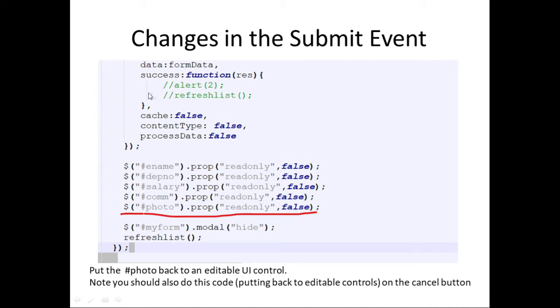So every time you submit, we have to place it as false. And note, you should also do this code in putting back editable controls on the cancel button. Let's say, for example, you have the modal form, and we have there the close button or the cancel button. You have to place these codes also. I did not show that in this video.